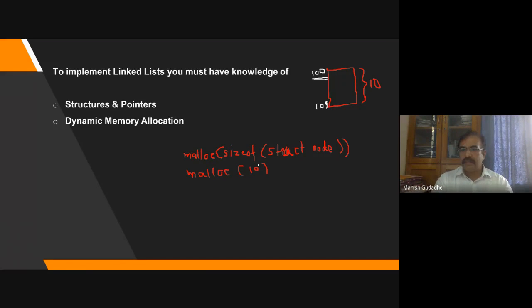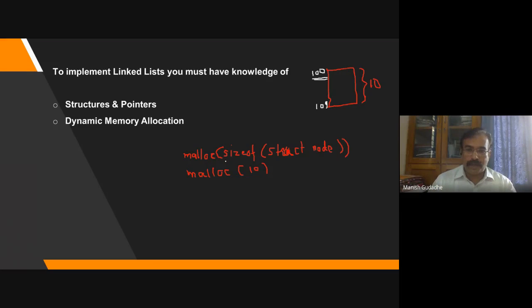But it doesn't know what you are going to store in that. You have just asked for 10 memory blocks. It has allocated them. It doesn't know what you are going to store in that. That's why it is going to return a void pointer. Are you understanding?